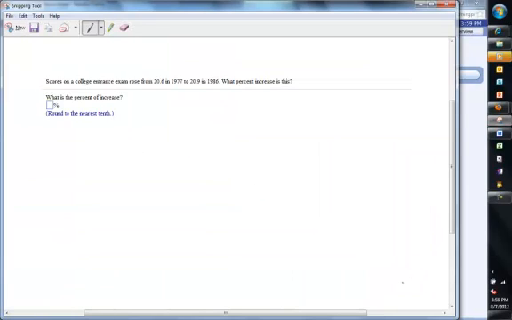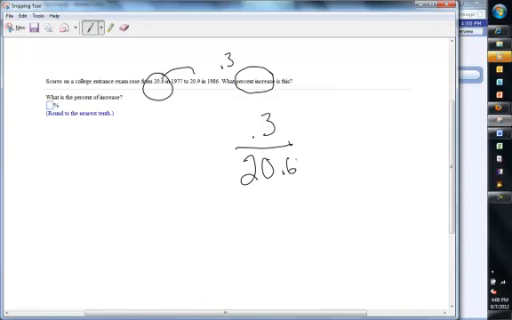Scores on a college entrance test rose from 20.6 in 77 to 20.9 in 86. What was the percent increase? So first of all, we have to figure out that the increase is 0.3. And remember, it's always based on the old, so over 20.6. So we would press on our calculator 0.3 divided by 20.6.